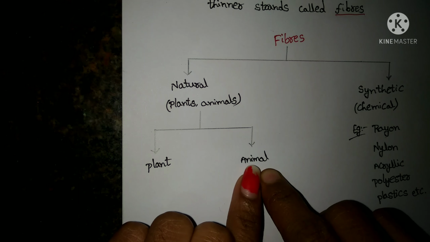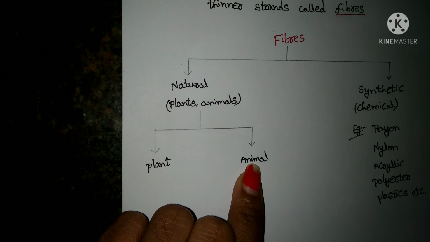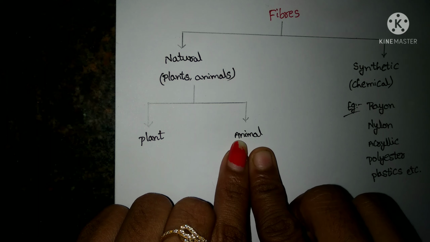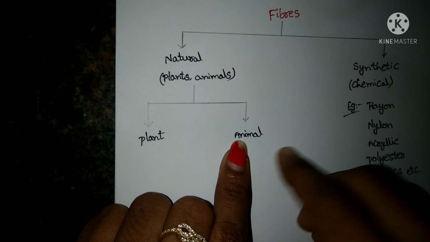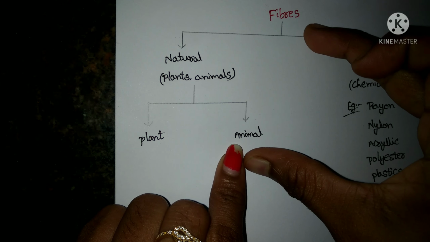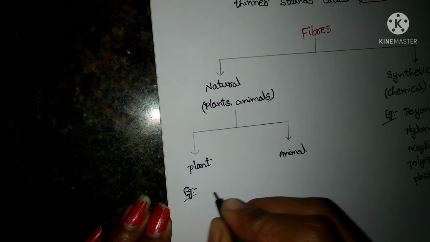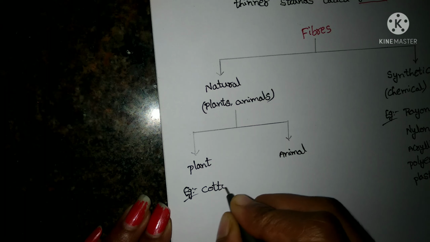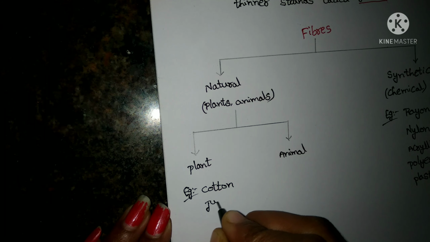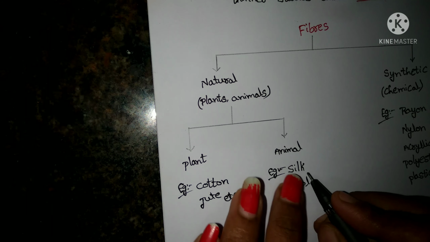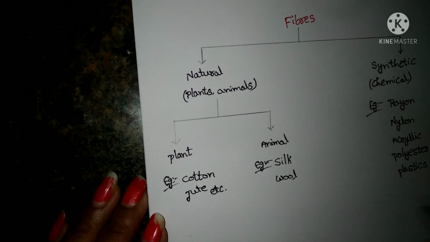I hope you can guess the definition for animal fibers also, simple, like plant fibers. The fibers which we get from animals are called animal fibers. Examples of plant fibers are cotton, jute, etc. For animal fibers, silk and wool are examples.